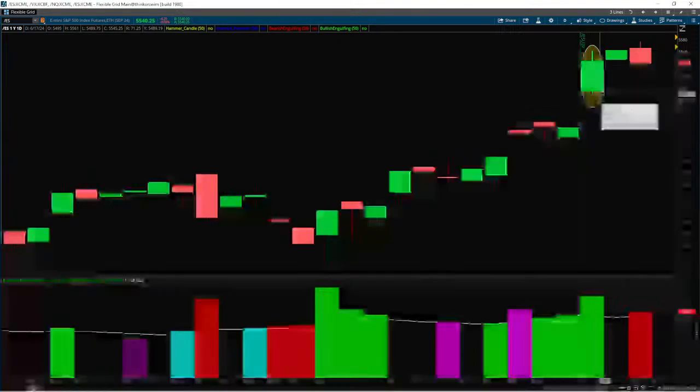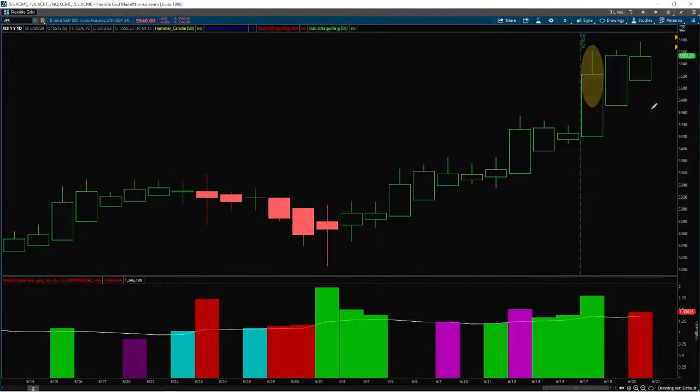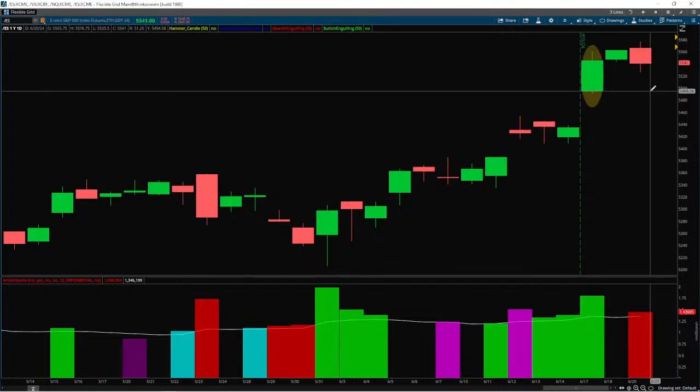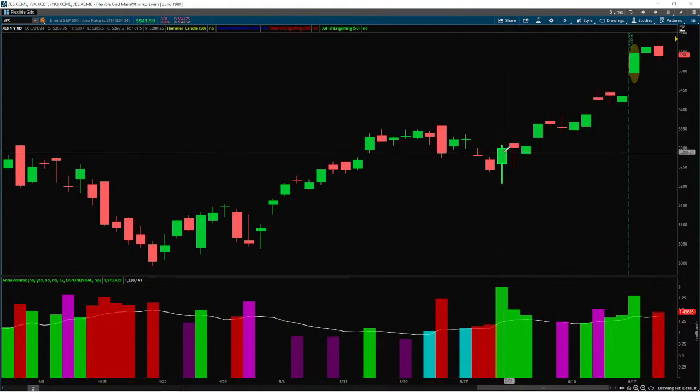It's a lot of volume. Let's throw in Heikin-Ashi on this. Can't make heads or tails of it. Nope, doesn't help. Okay. That does not help.